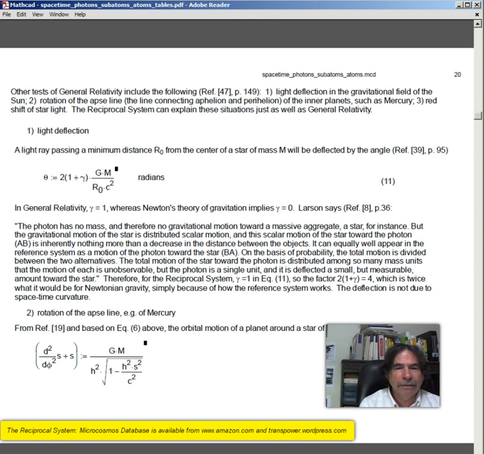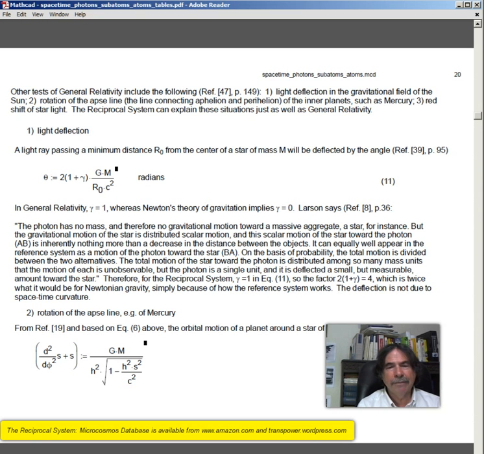On the basis of probability, the total motion is divided between the two alternatives. The total motion of the star toward the photon is distributed among so many mass units that the motion of each is unobservable. But the photon is a single unit, and it is deflected a small but measurable amount toward the star." End quote.